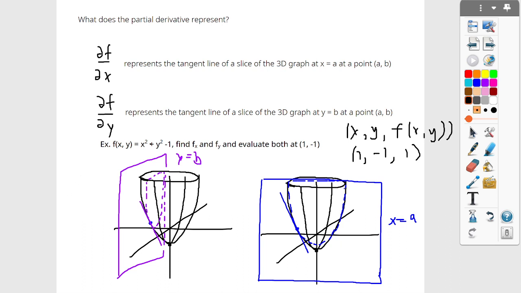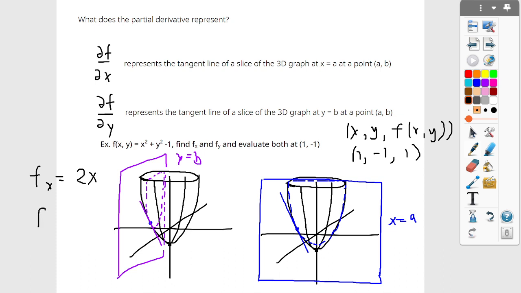So what is f sub x? F sub x is equal to 2x. And you might not be able to see because it's on the pasteboard, I'm sorry. So f sub x is equal to 2x. And what's f sub y?